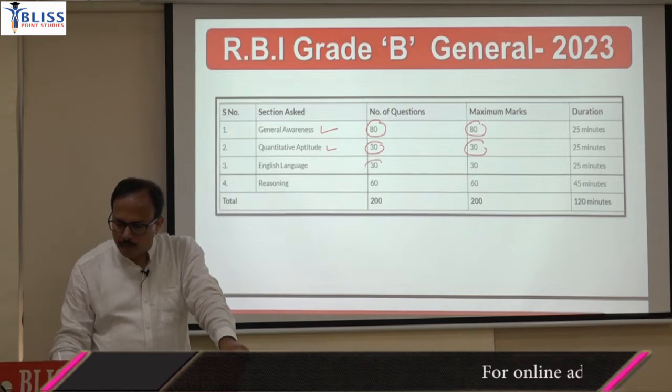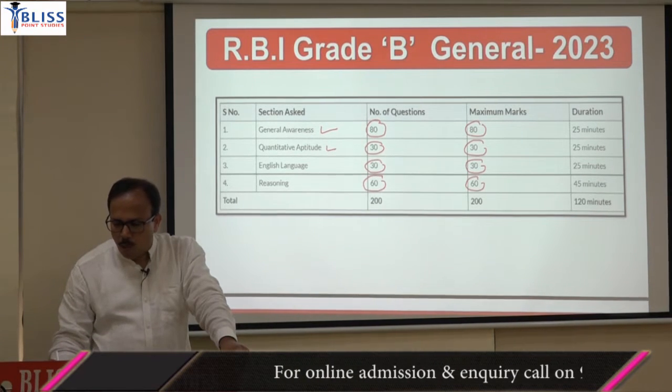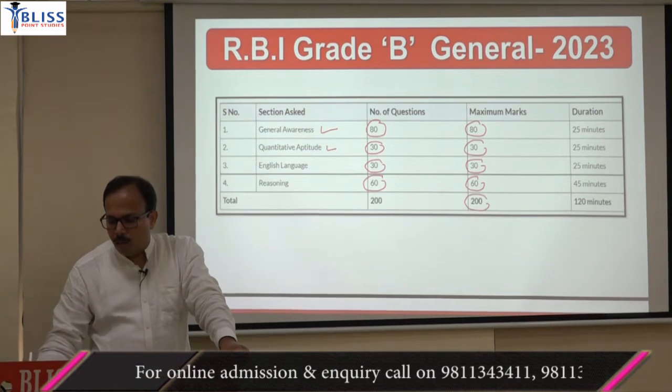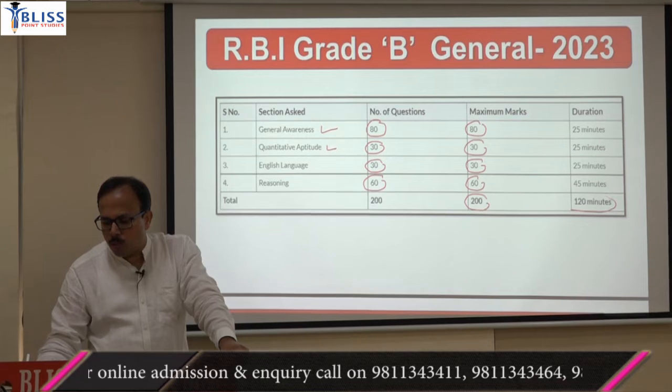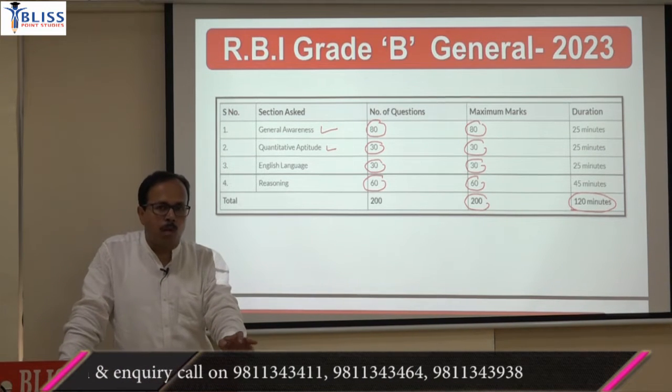English language, 30 questions, 30 marks. Reasoning, 60 questions, 60 marks. So overall 200 questions and 200 marks, and you have to attempt all those 200 questions within the time frame. The overall examination time will be 2 hours.